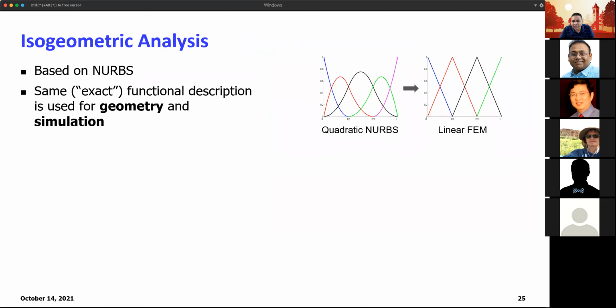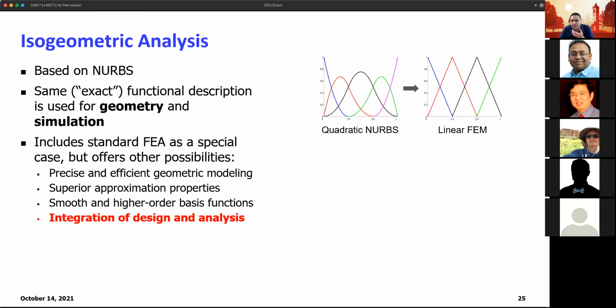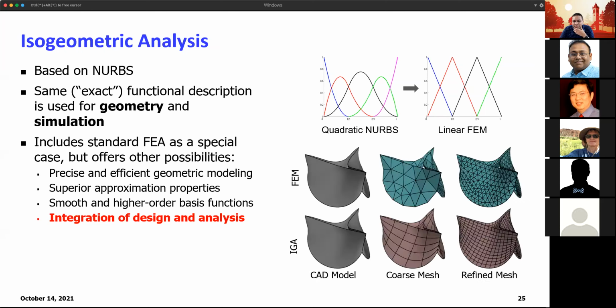And then going further, there is this new approach called isogeometric analysis, where people have started using these splines, or NURBS, or non-uniform rational B-splines, for both simulation as well as geometry. And the advantage of NURBS isogeometric analysis is that they don't approximate the surfaces of the valve with linear approximations.